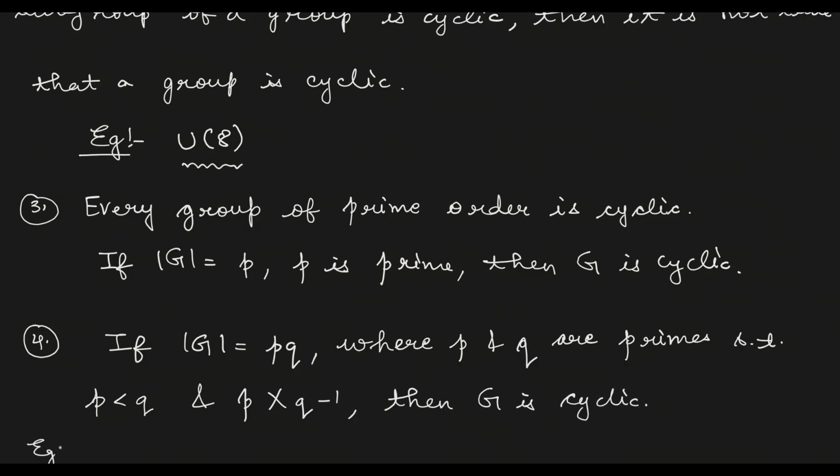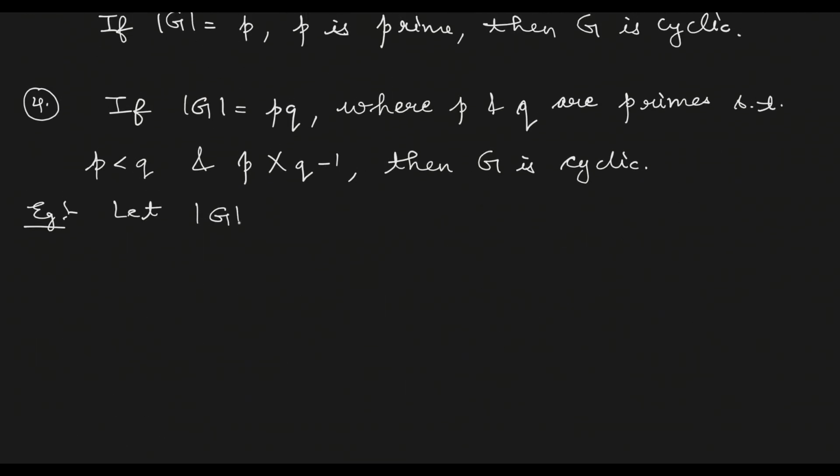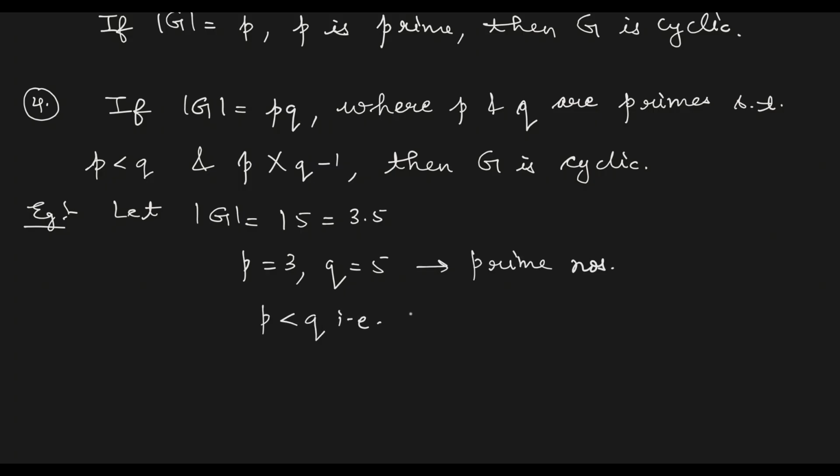For example, let the order of group G be 15. It can be written as 3 into 5. Here p is 3, q is 5. Both are prime numbers. p is less than q. Now let us check whether p does not divide q minus 1. 3 does not divide 4. So any group of order 15 is cyclic.